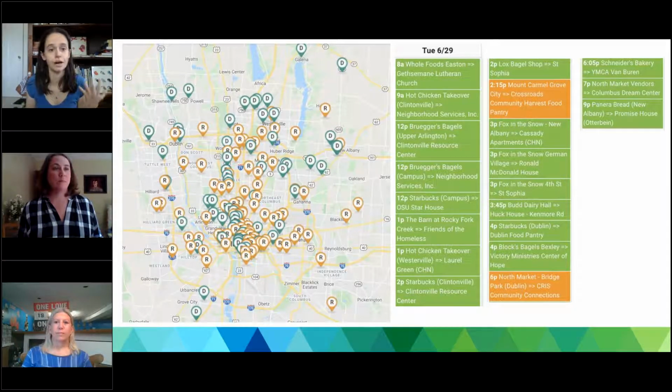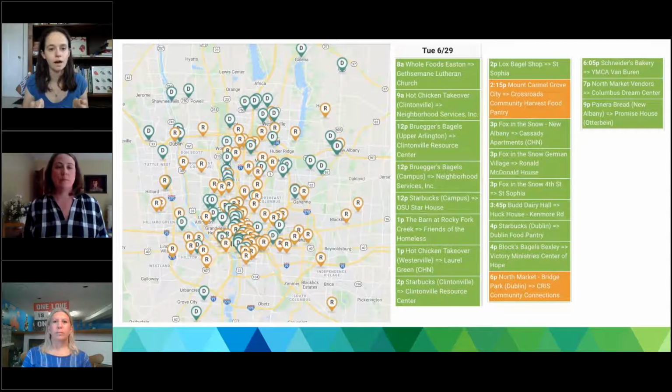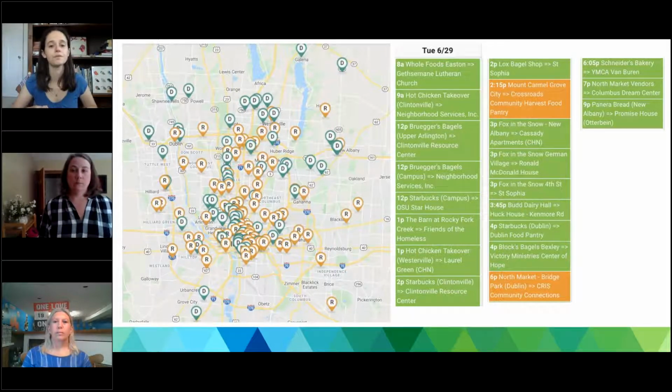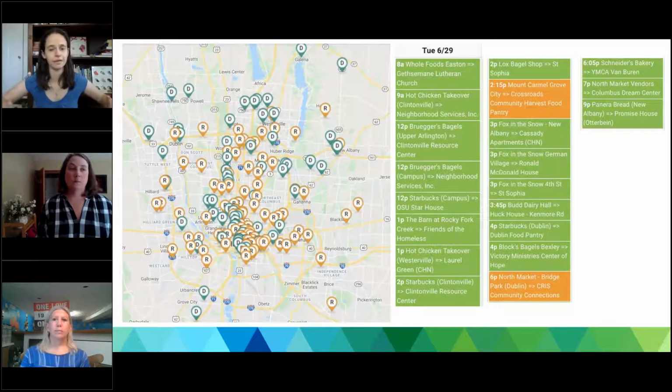It's like a car full of stuff that we are rescuing from Easton. Locke's Bagel Shop is often paper shopping bags. So it's like 2 or 3 paper shopping bags. And Fox in the Snow is often a box of pastries. So the volume can vary pretty widely, and there's a category on the description of each rescue to explain roughly how much food we're talking about.